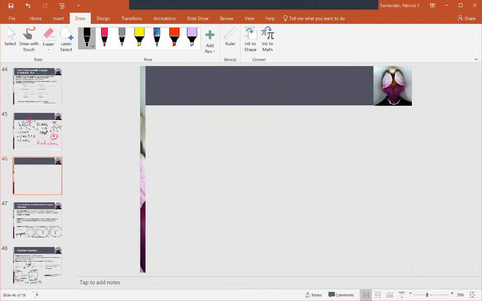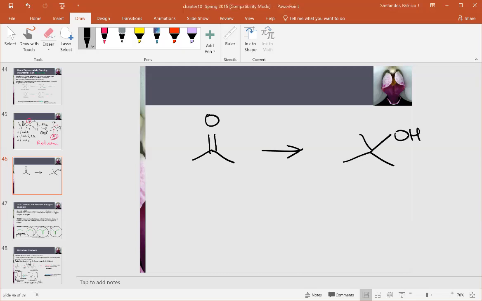So let's say that you have a reaction with a carbonyl compound and somehow you manage to form a diol like this. Is that an oxidation, a reduction, or none of the above? Well, the central carbon atom in the starting material is attached to 2 oxygens, and the central carbon atom in the product is also attached to 2 oxygens. So this is neither an oxidation nor a reduction.